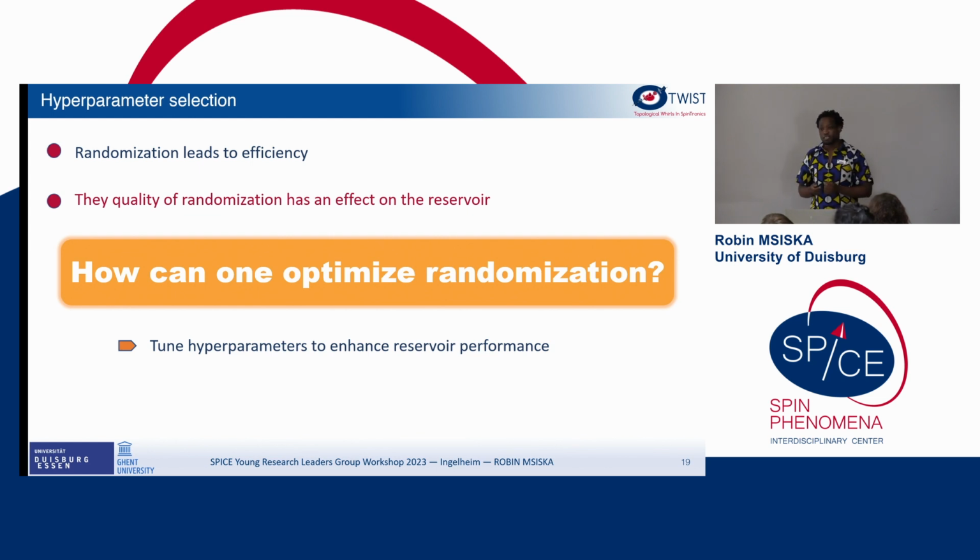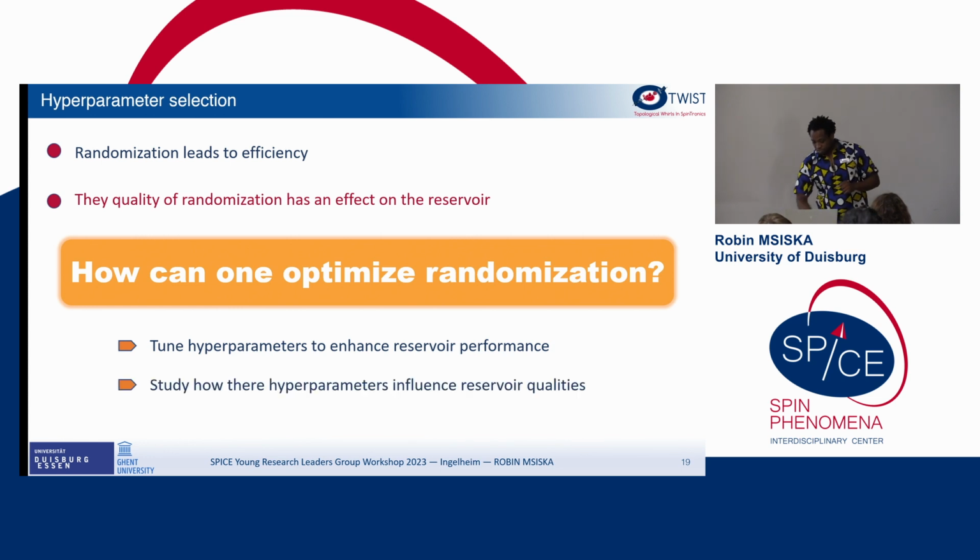So hyperparameters are basically parameters that cannot be learned from the input data, from the training data. So your system cannot learn these parameters. You need to tune them on your own from the outside. So in the case of a magnetic system, it would be anisotropy, DMI, and what have you. So we study these and how they influence the qualities of a reservoir.